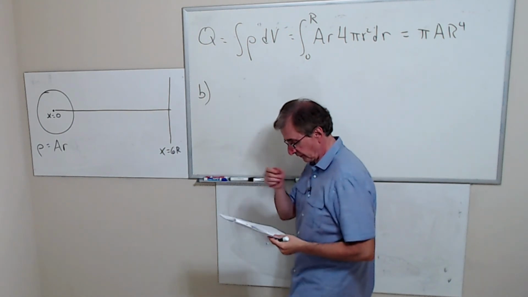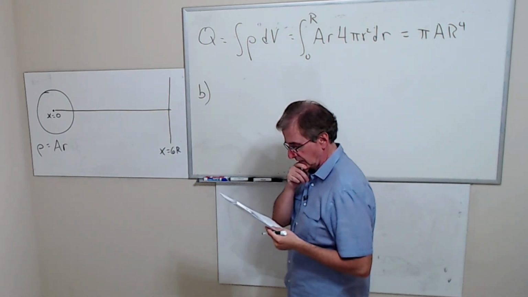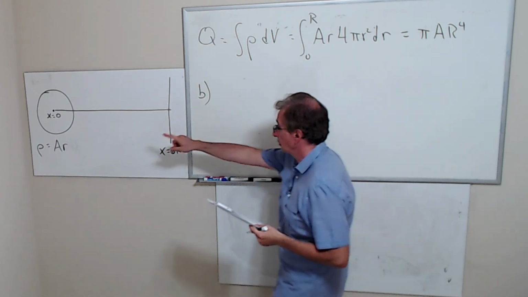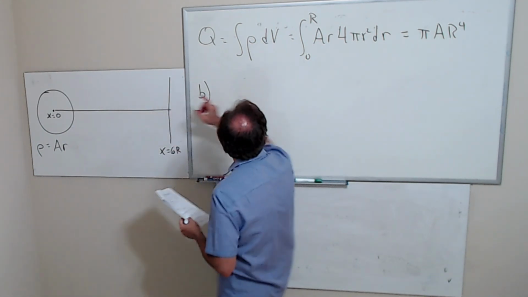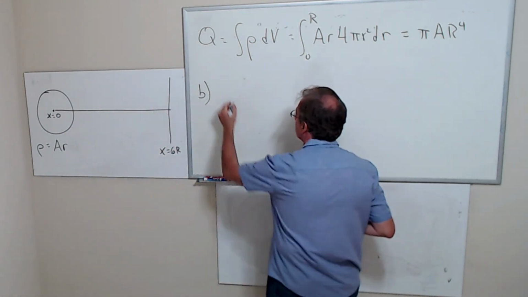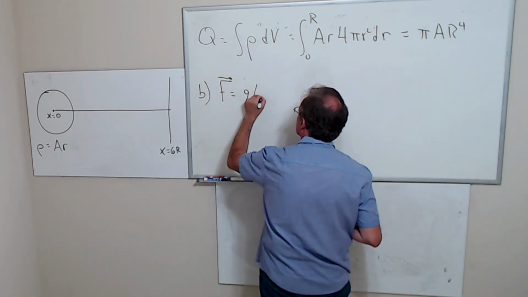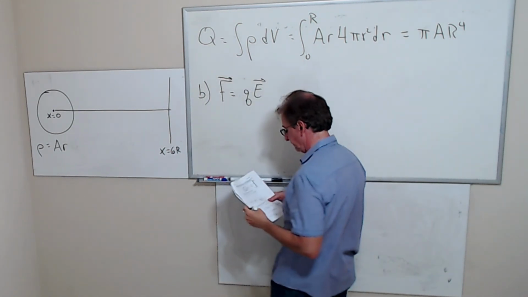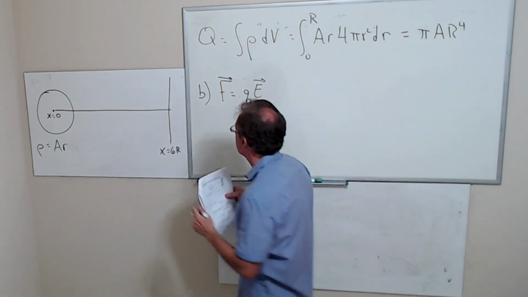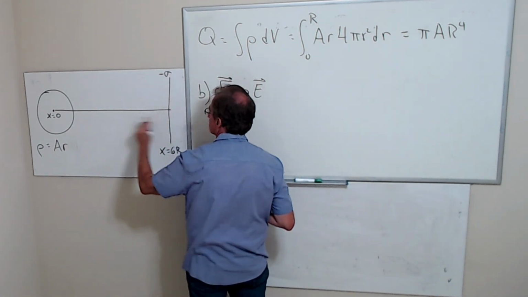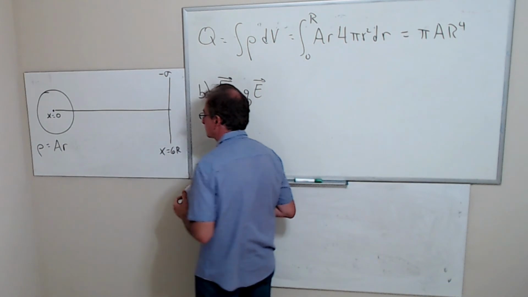Part B, what is the force on this sphere? Well, the total charge is that. We know that force equals Q times E. This has a negative surface charge density, so it means this is going to be attracted to this guy.